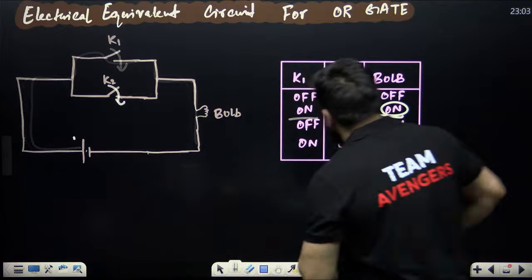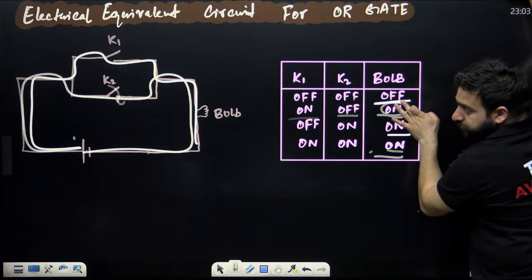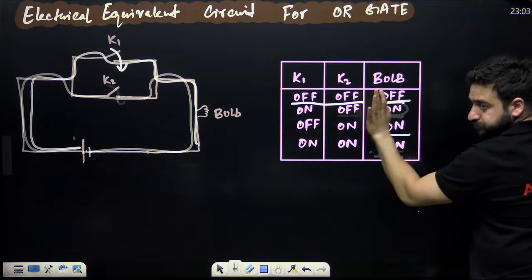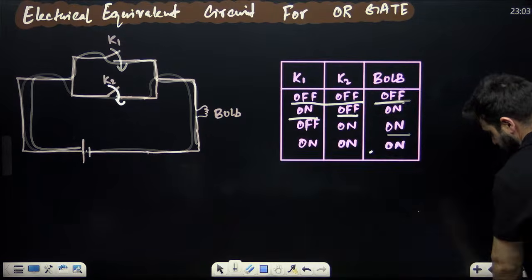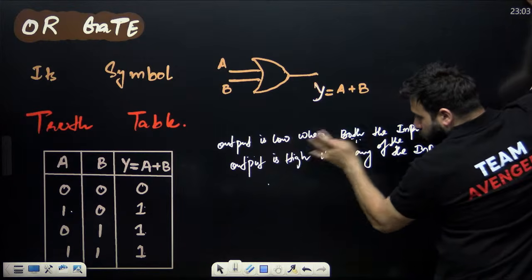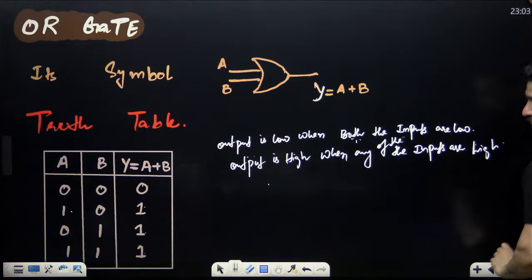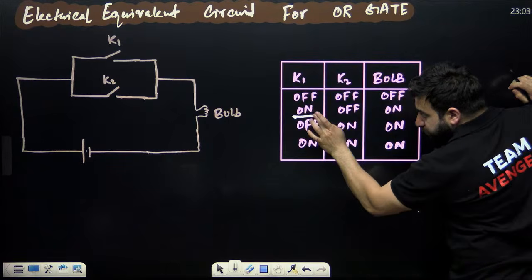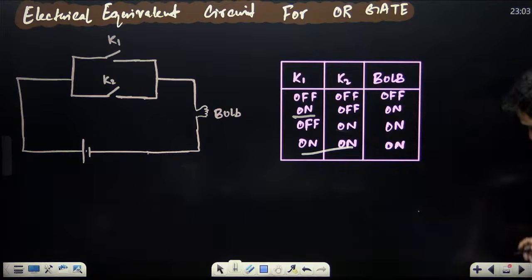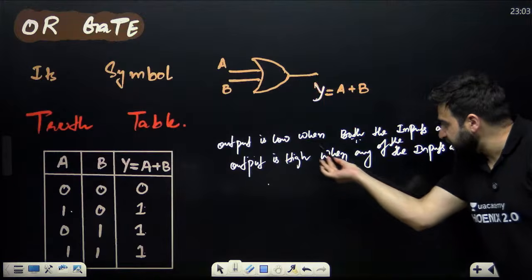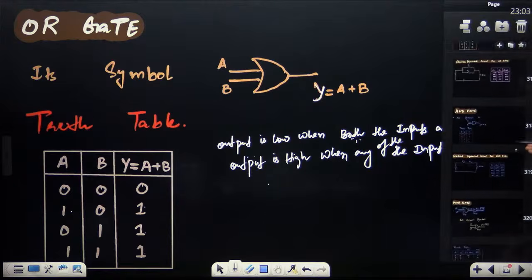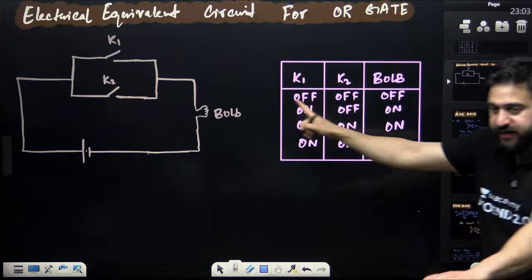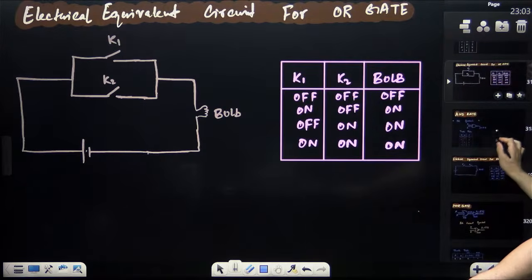Now see, output is low when both the inputs are low. Matching. Output is high when any of the two inputs is high. So this circuit exactly behaves like an OR gate.